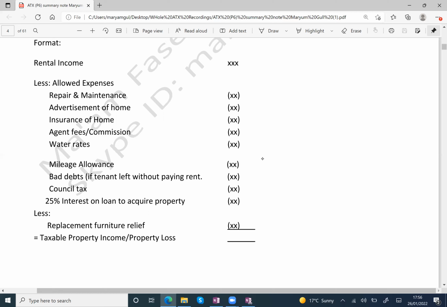But you are replacing the furniture in your property, and the replacement cost you can deduct from here as an allowed expense. And then you will get the taxable property income or property loss. Property income goes to the non-savings column. And if there is a property loss, you can set off the loss. And how to set off the loss, I will discuss later on.